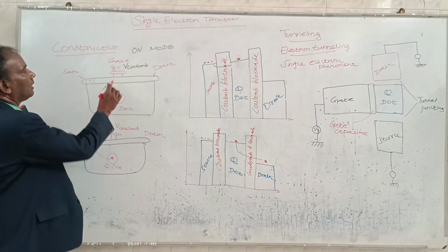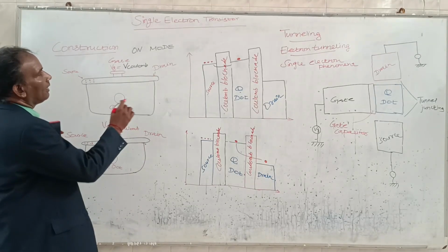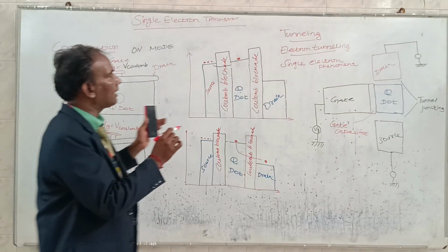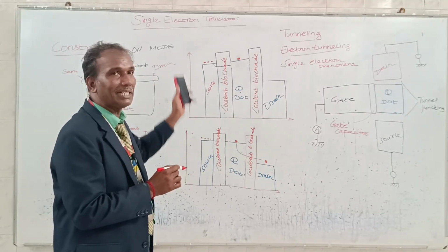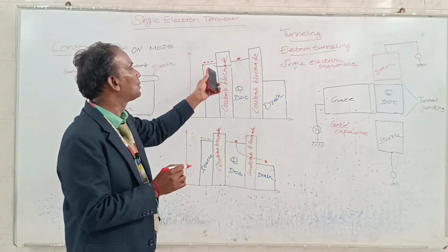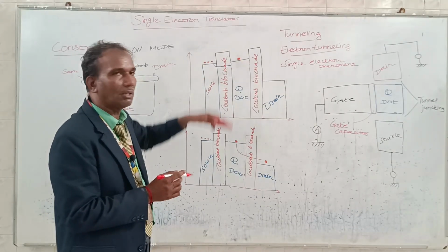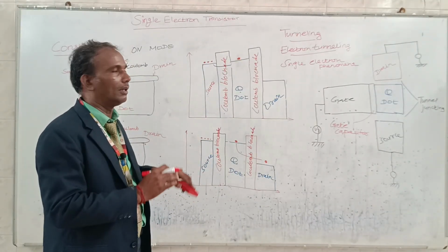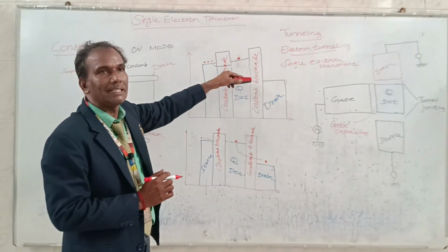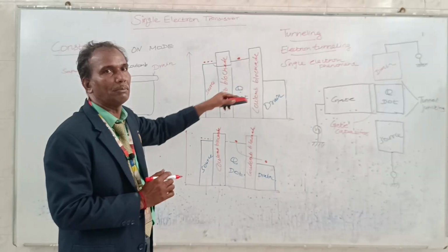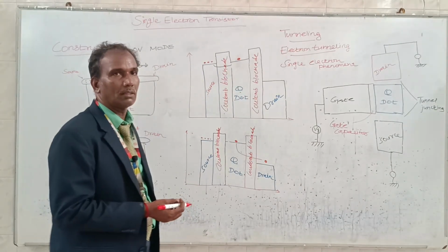When the gate voltage equals the Coulomb voltage, this situation is energetically favorable for the quantum dot to receive the electron from the source. So the energy level of the quantum dot is lowered a little compared to the energy level of the source.